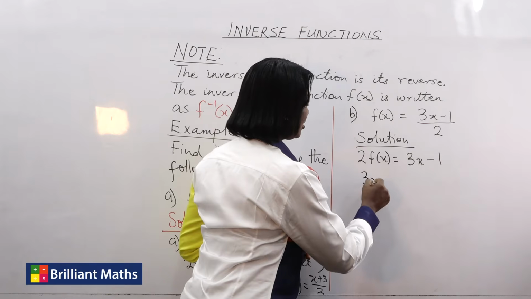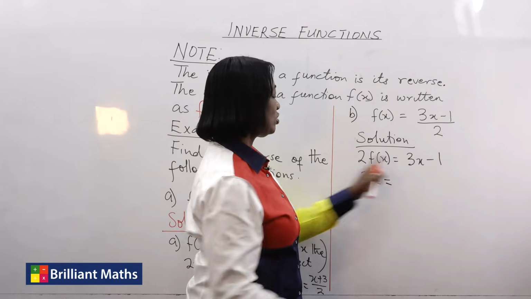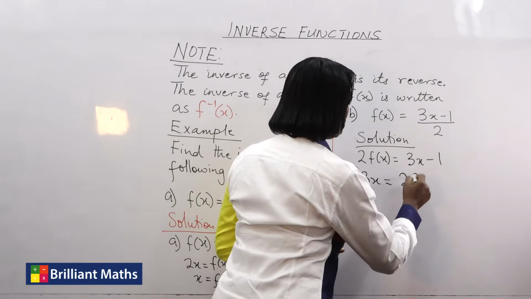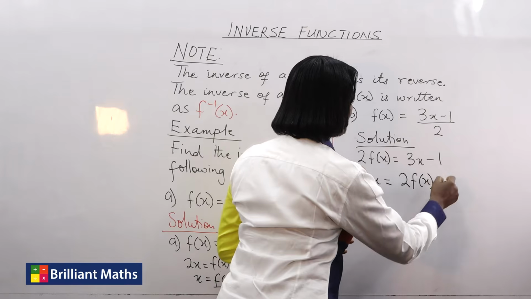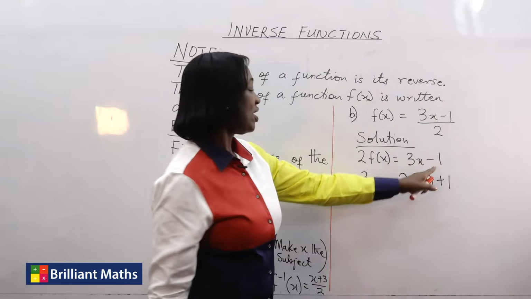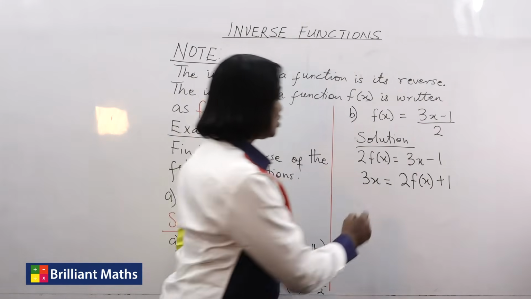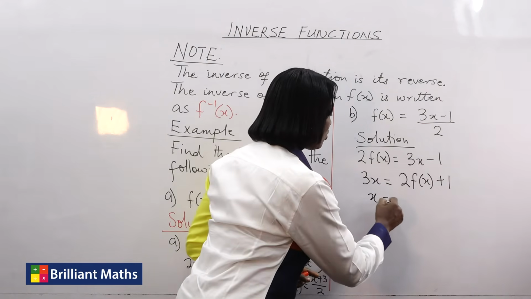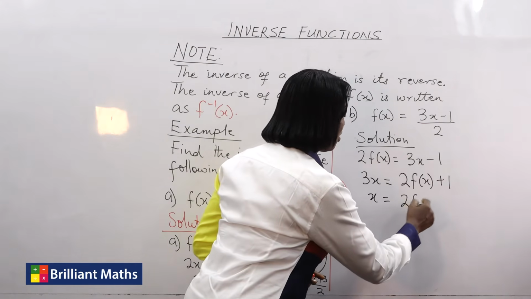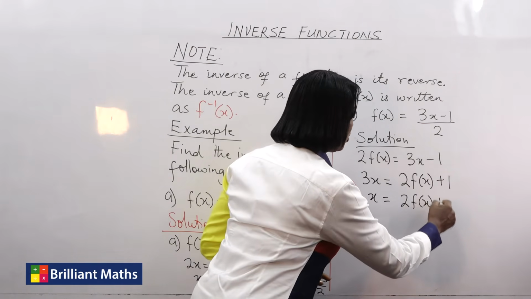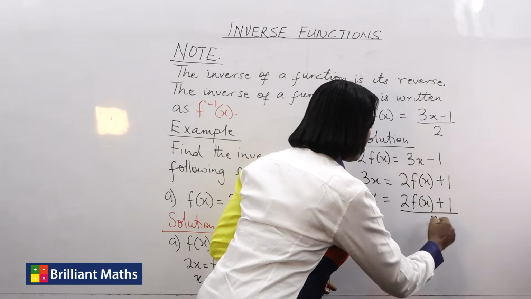So 3x is equal to 2f of x plus 1, because the minus 1 crosses over to the other side of the equation. So that our x is equal to 2f of x plus 1 over 3.